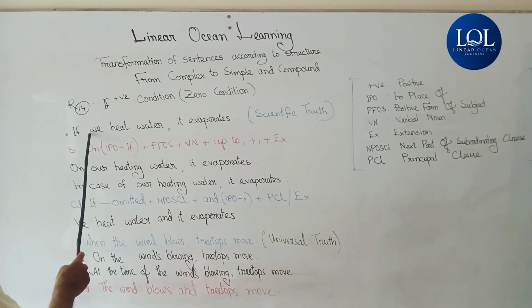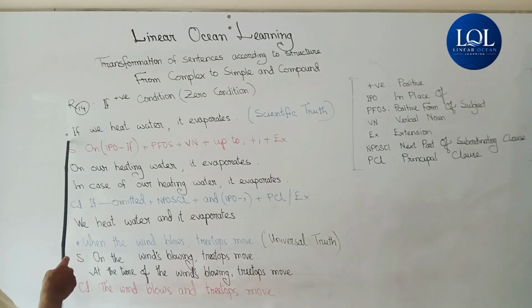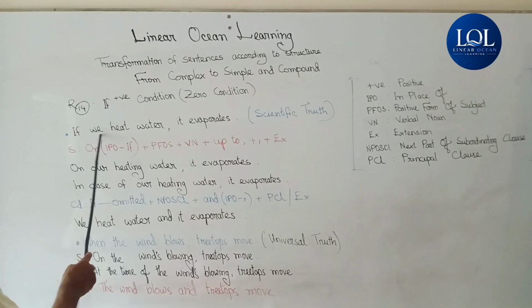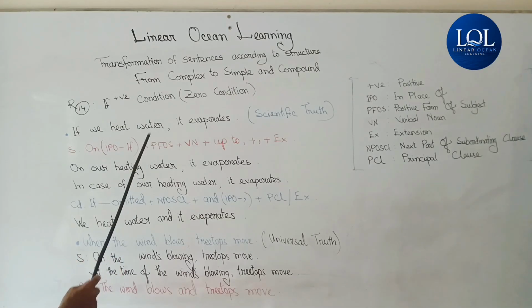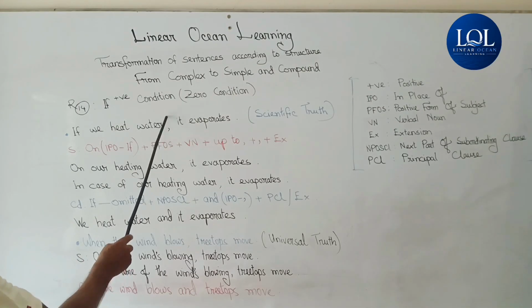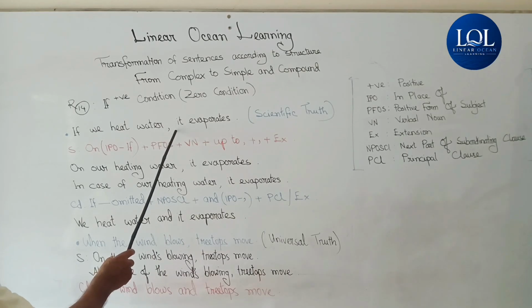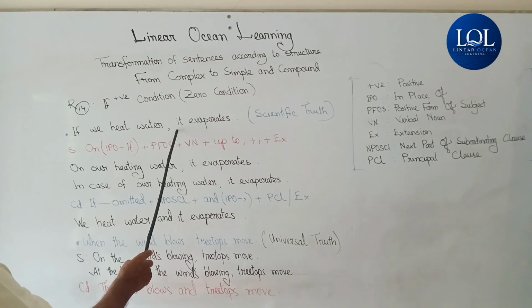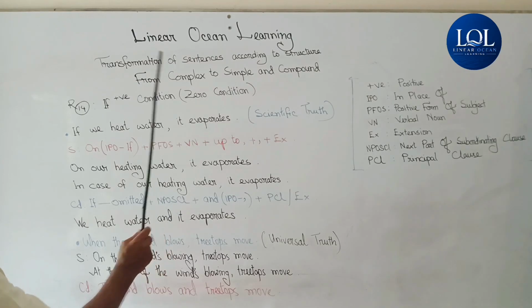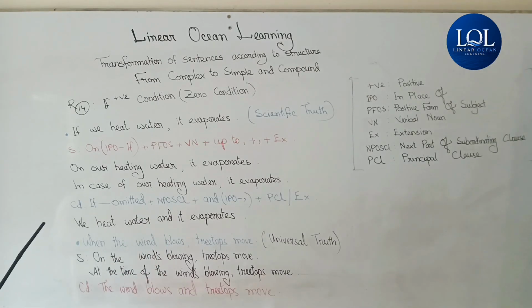The next part of the subordinating clause other than if is we heat water, plus and in place of comma, plus principal clause or extension. Principal clause here is it evaporates. So the compound sentence we get is we heat water and it evaporates.